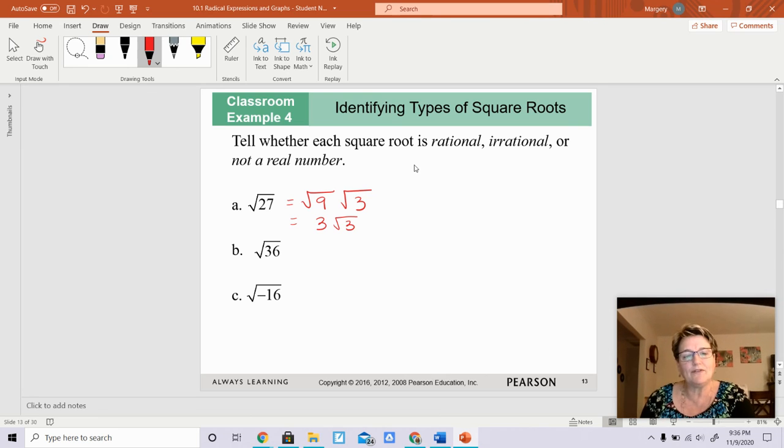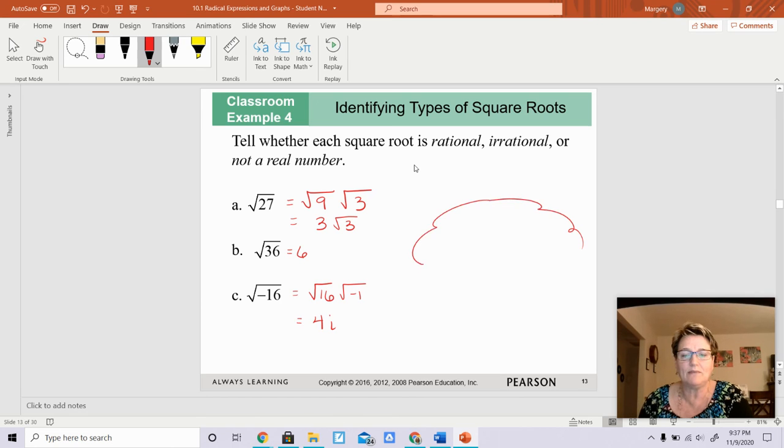Now the square root of 36, we all know, is 6. The number 6 terminates. It's just 6. That is a rational number. Now the square root of negative 16, that means there's a negative under the radical. So I can rewrite this as the square root of 16 times the square root of negative 1. Now you end up with the square root of 16 is 4 and the square root of negative 1 is i.